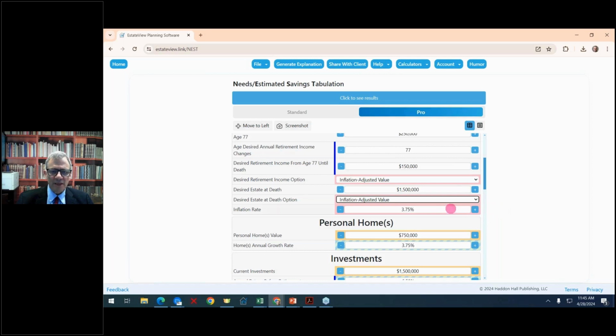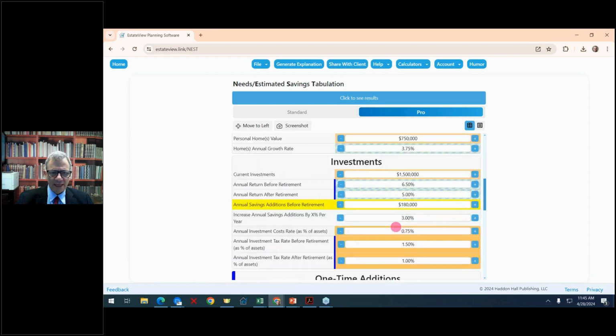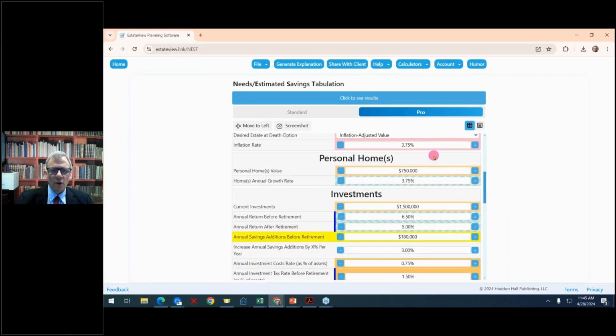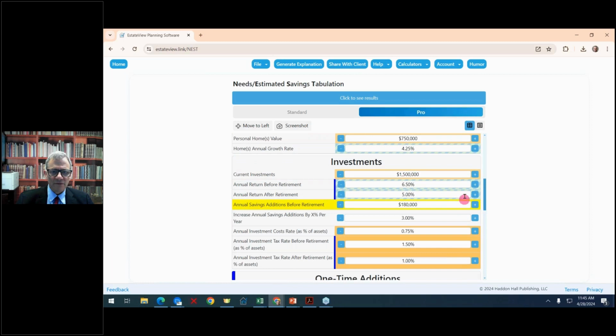assume an inflation rate of 3.75%, and home still worth $750,000, growing at 4% or 4.25%. Then investments, $1.5 million of investments growing at 6.5%.